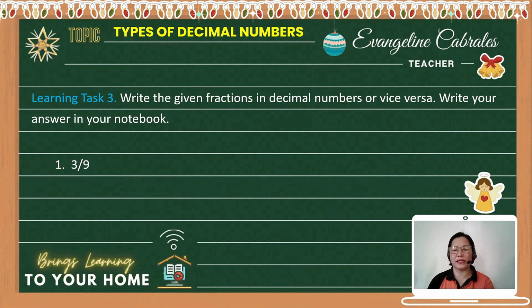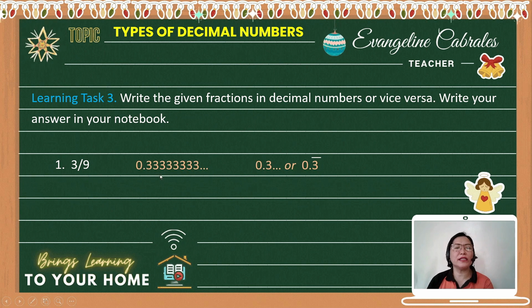How about learning task 3? Write the given fractions in decimal numbers or vice versa. Write your answer in your notebook. So, i-convert or i-change lang natin ito sa kapag siya'y fraction, gagawing decimal, at kapag siya'y decimal, gagawing fraction. So, let us have number 1, 3/9 or 3 over 9.